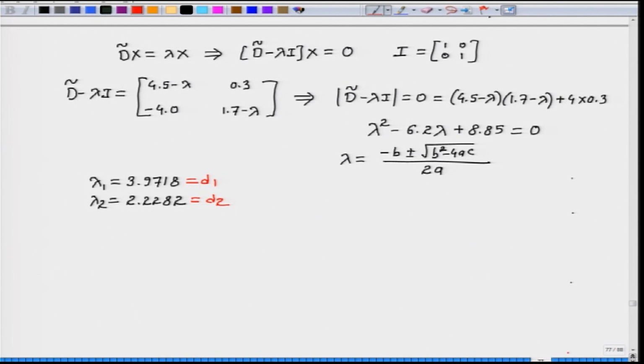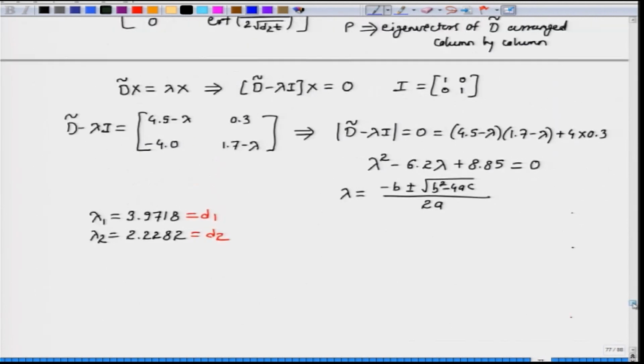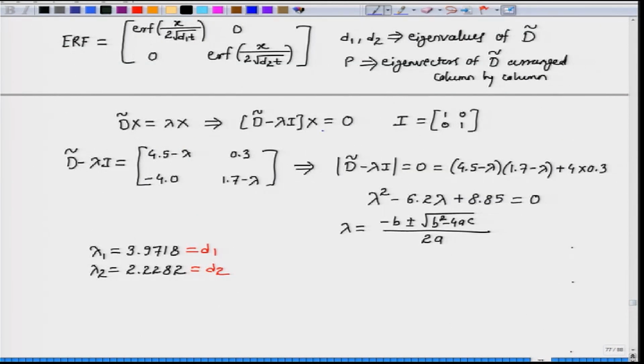Now, we need to find the eigenvectors. To find the eigenvectors, we substitute each value of lambda one by one back into this equation, d tilde minus lambda I times x equal to 0.